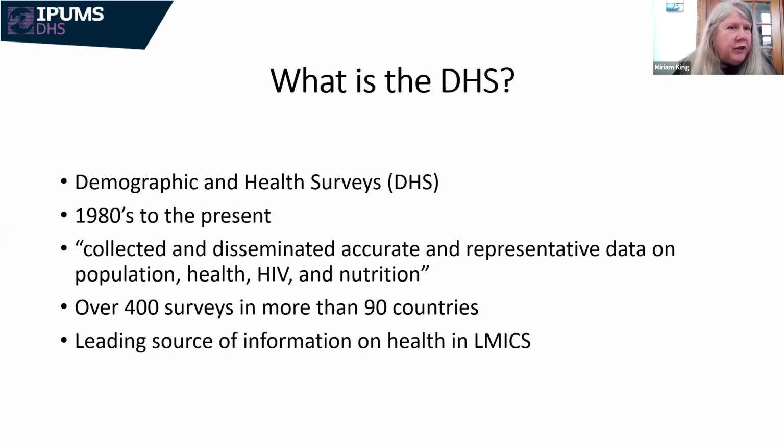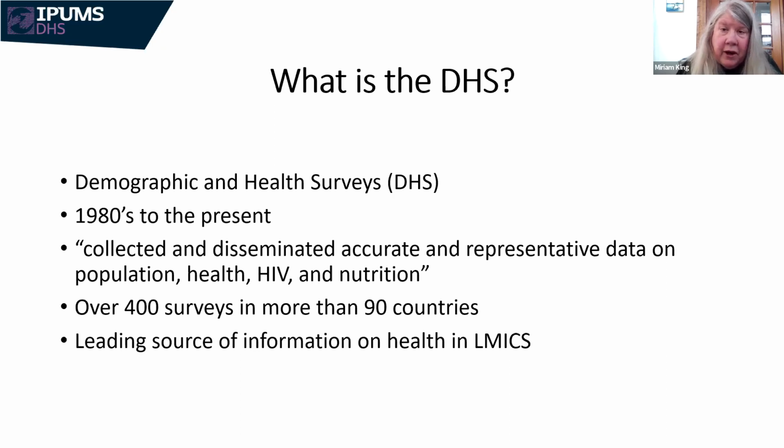There's data on child vaccinations, acute illness in children, infant and maternal health, disability, intimate partner violence, fistula, alcohol and tobacco use, chronic illnesses, all sorts of health topics. And to date, the DHS covers over 400 surveys in more than 90 countries.